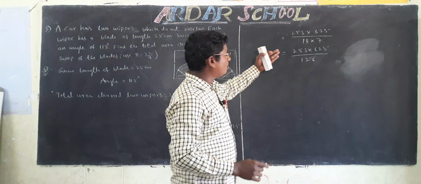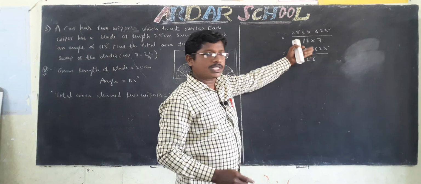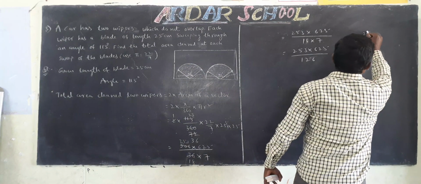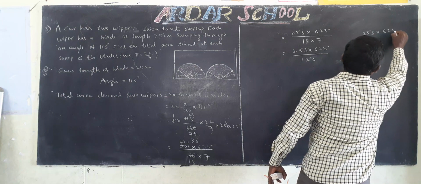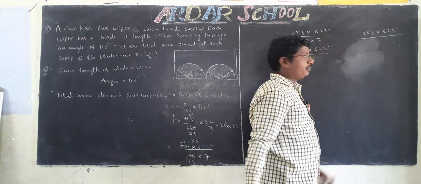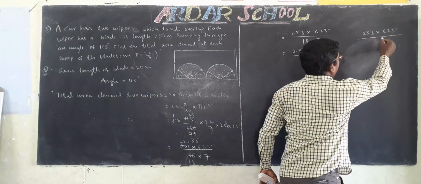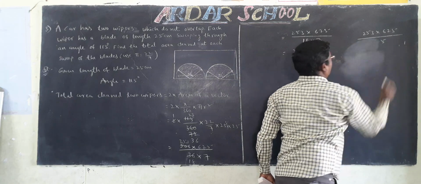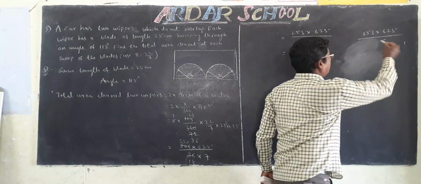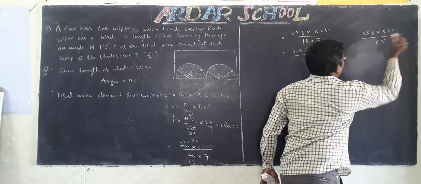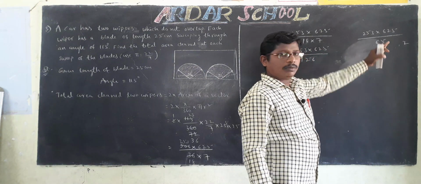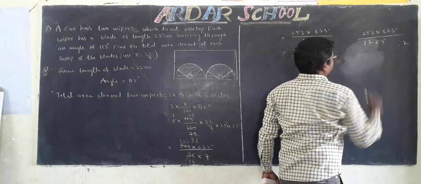Now we have to multiply 253 into 625. First multiply with 5: 5 threes are 15, 5 fives are 25 plus 1, 26, 5 twos are 10 plus 2, 12.